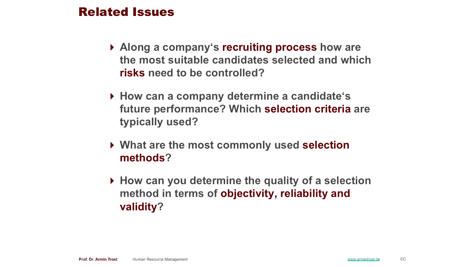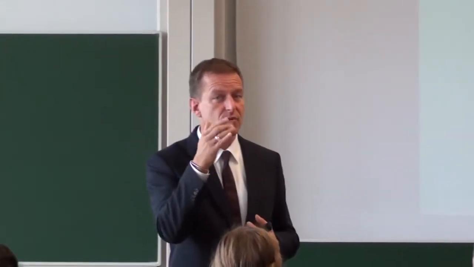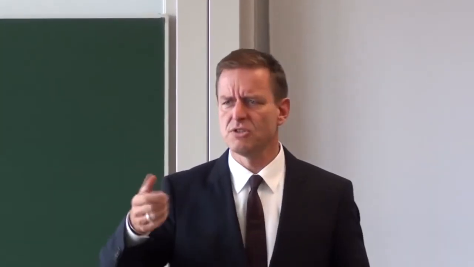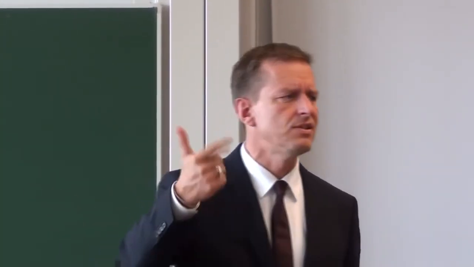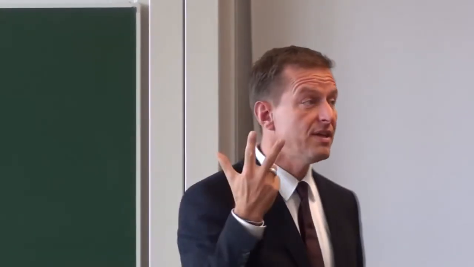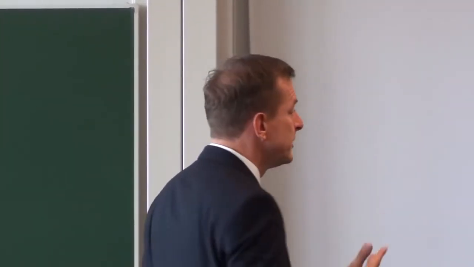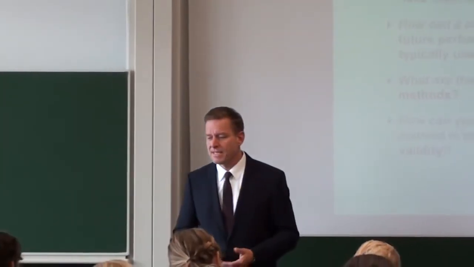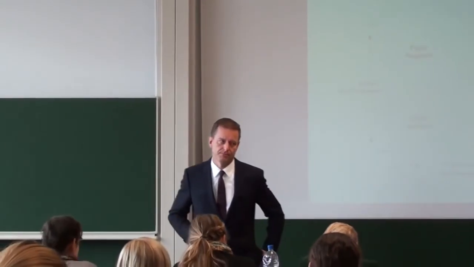Things like maybe I look at your face and tell from the shape of your face whether you will perform well. Ridiculous. Validity, 0. Objectivity, 0. Reliability, 0. So I mentioned all these 3. We will talk about these 3 criteria in more detail. So we'll also talk about statistics then. Okay? So, what is it all about?